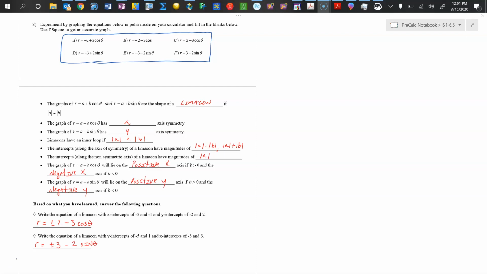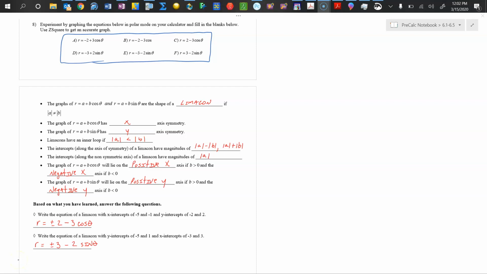These polar graphs r equal a plus b cosine theta and r equal a plus b sine theta are called limacons when the absolute values of a and b are not equal. If it has a cosine function in it, it has x-axis symmetry. If it has a sine function in it, it has y-axis symmetry. It will have an inner loop if the constant coefficient's absolute value is less than the coefficient of the sine or the cosine function.